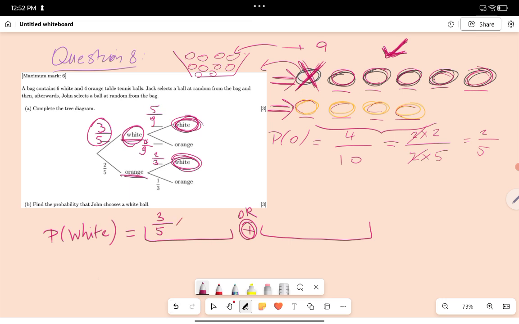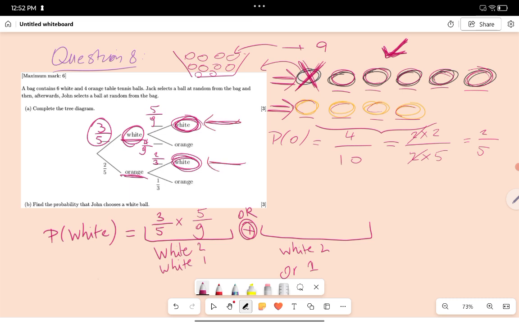So we had 3 over 5 times 5 over 9. That will be the first probability. So this is having white as the second ball, and you had white for the first one. Or you have white as the second ball, and you had orange as the third one, right? Those are the 2 options to get here.